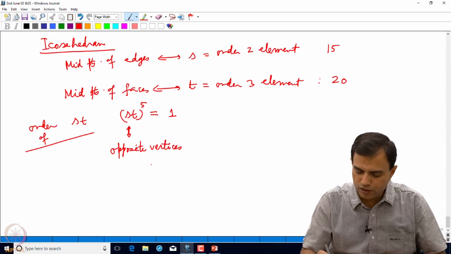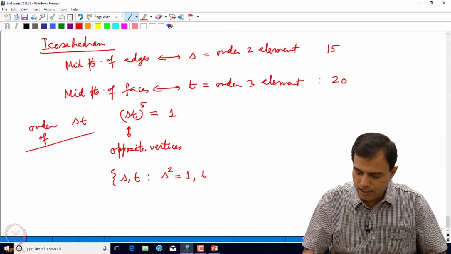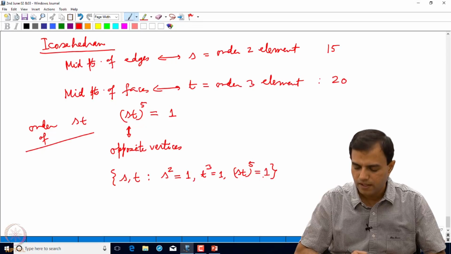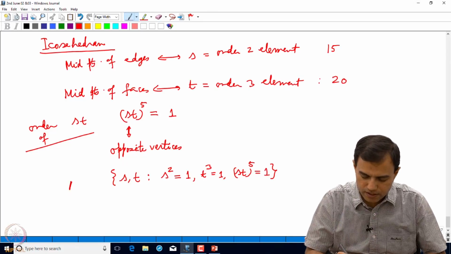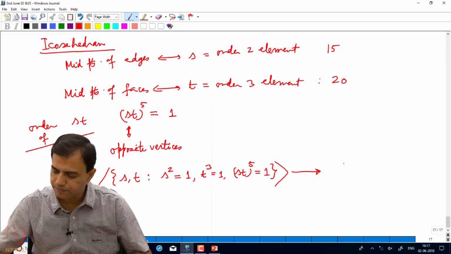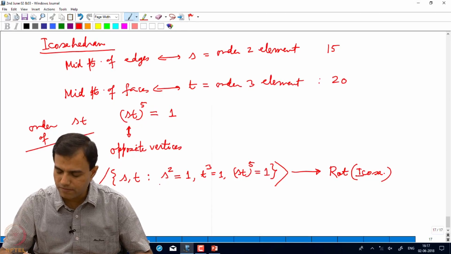And again, you can think of this group which is generated by 2 elements S and T, and the relations are S square is 1, T cube is 1, and ST to the power 5 is 1. And this group, it's not hard to see, some work is required, that this is actually A5. So from here to the group of rotations of the icosahedron, you have again a surjective map, and you know what this symbol S does?